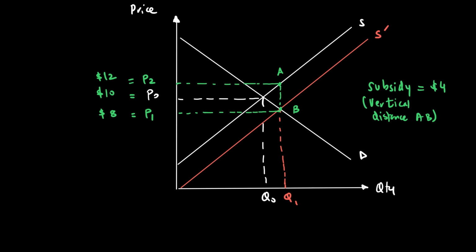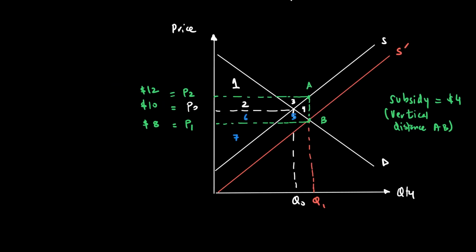Let's call this area 1, this area 2, area 3 is this triangle, 4, 5, this is 6, and this one is 7.